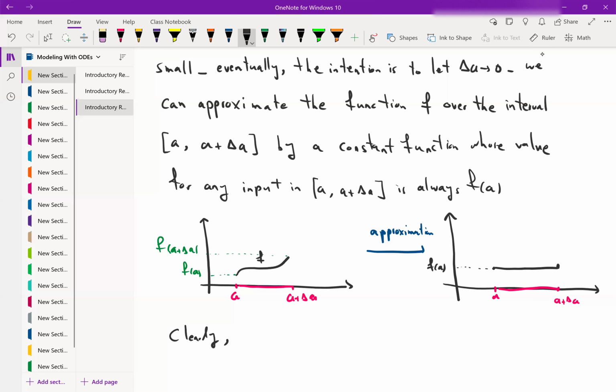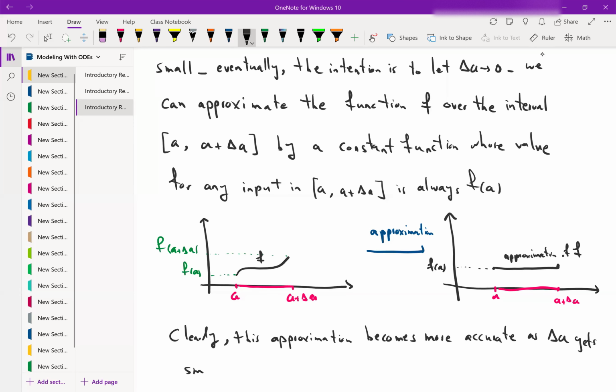Clearly, this is the approximation of f by a constant function, and it becomes more accurate as delta A gets smaller and smaller. Awesome.